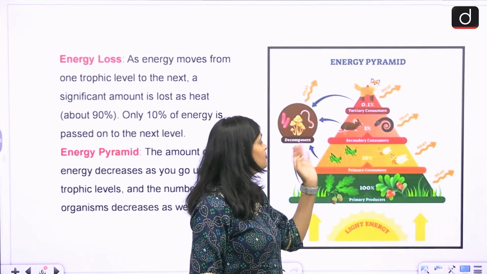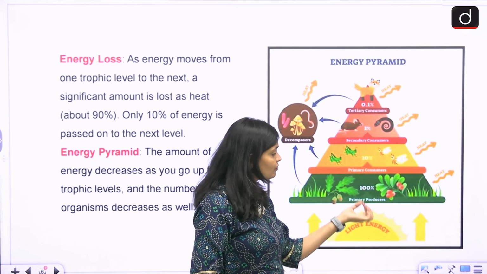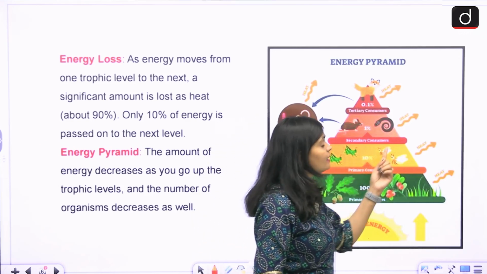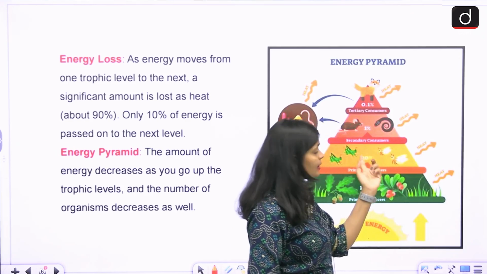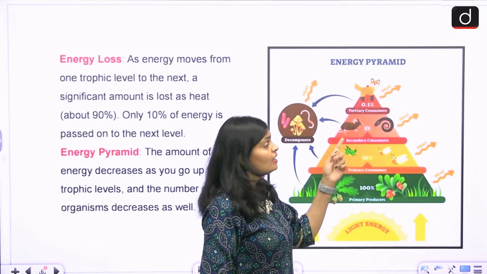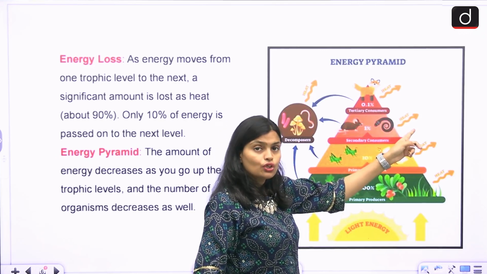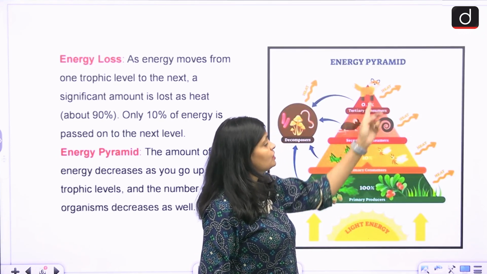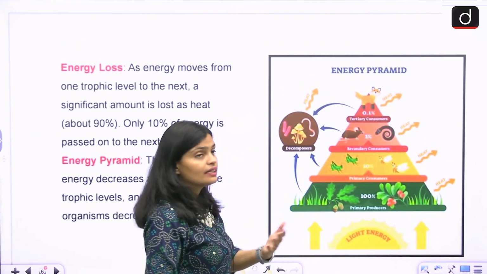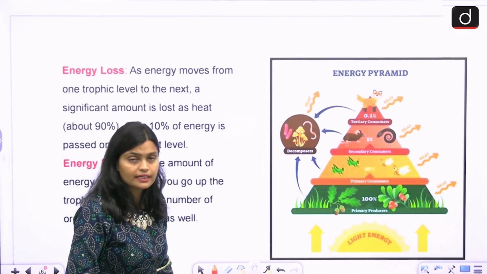Again, when the primary consumers eat those plants, the energy is transferred from producer to primary consumer, and again some heat is lost. When the secondary consumer eats the primary one, the energy flows again, but some energy is lost also. Again, the energy flows to the tertiary carnivore. So like this, energy flows from producer to primary consumer, secondary and tertiary.